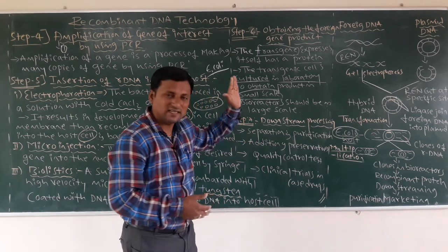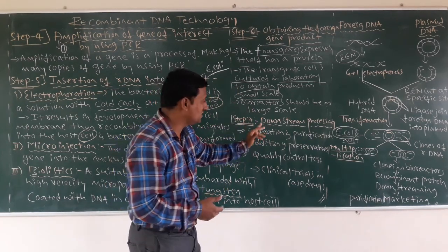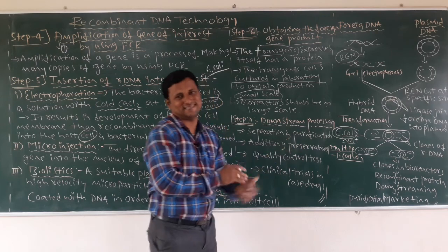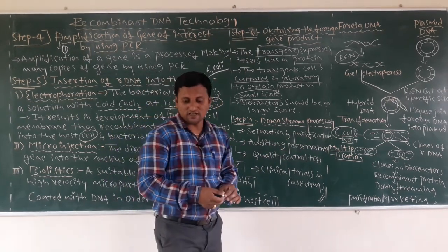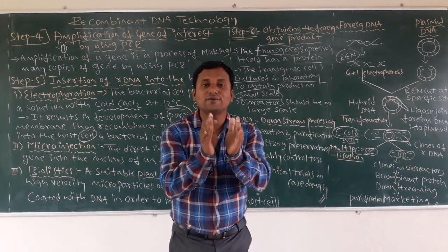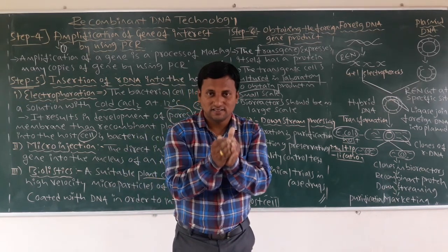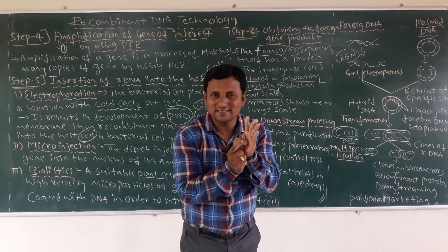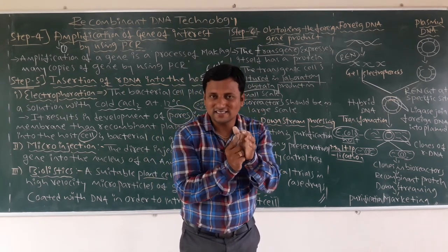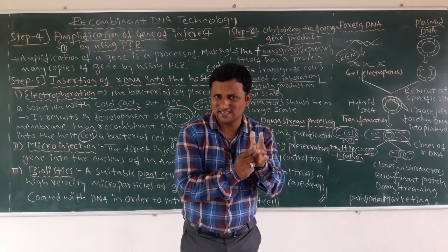Then comes the last process we are going to discuss. What is that? Downstream processing. In this downstream processing, we are using almost all the products you are going to get. That product will be in the form of antibiotics, vaccines, or any form of proteins.